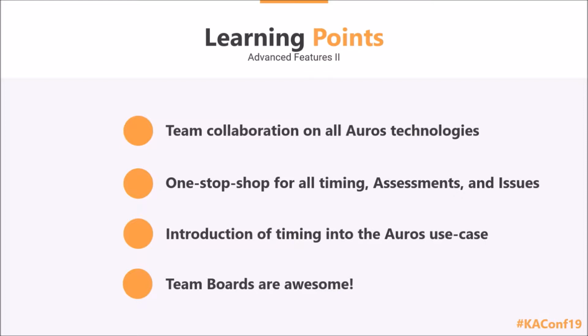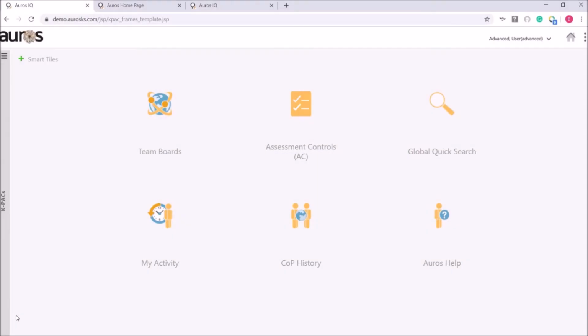All right, so let's jump into the demonstration. And here we are at the Smart Tiles landing page. Sean's going to drive, I'm going to describe, and we'll talk a little bit. Okay, so from Smart Tiles, to introduce this concept of team boards, we're first going to look at what we call a portfolio view.